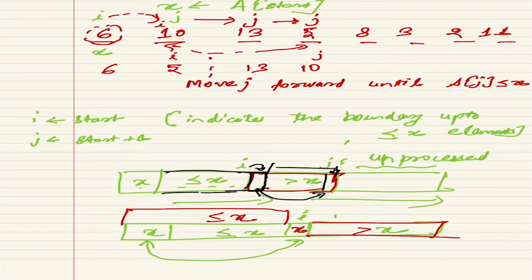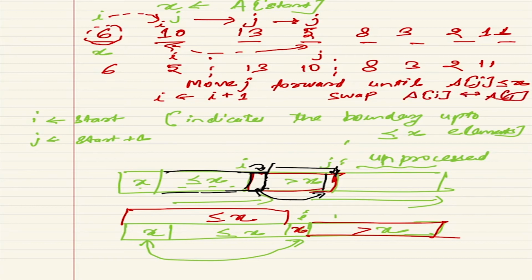So you see, up to i values are less than or equal to x, and after i up to j values are greater than x, and then there is the unprocessed part. So what I do, move j forward until I find a[j] is less than or equal to x, then I move i forward by 1 and swap. So you see a[i] and a[j], you swap. Now you have your new i, your new j, and continue like that.